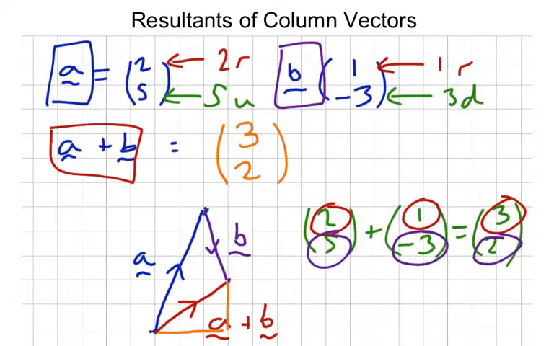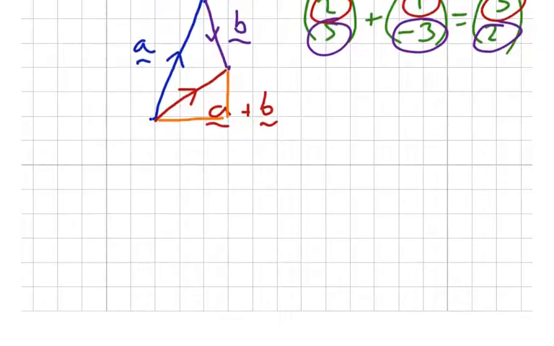If we were to subtract these vectors, we would do a very similar thing. So let's have a look at that. If we were to do A minus B, we would do A first. So again, we would go 2 across and 5 up, so this time we'd go up to there.